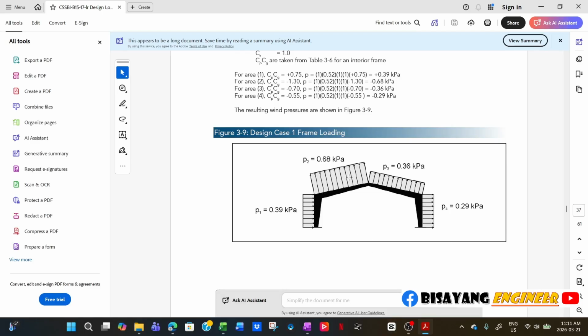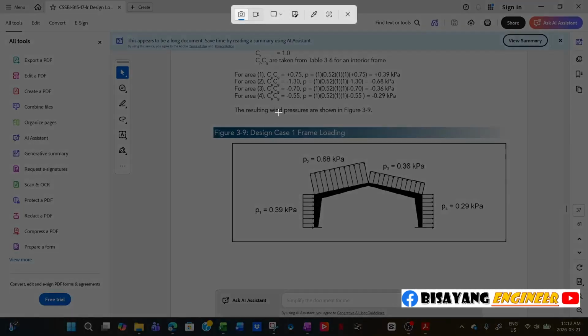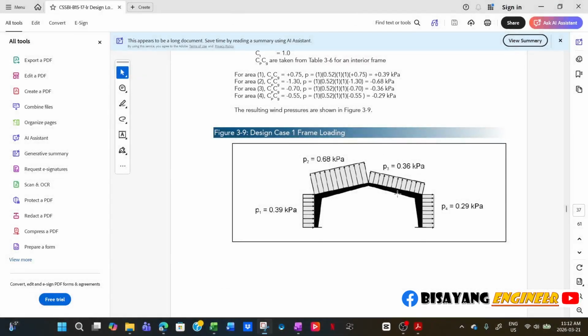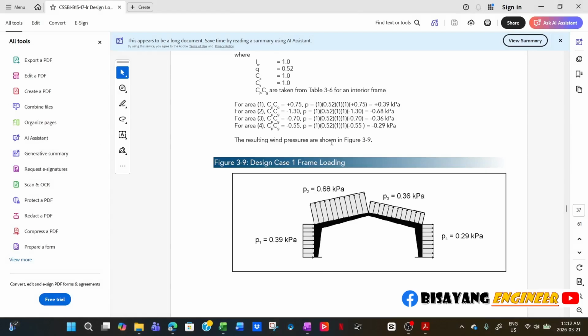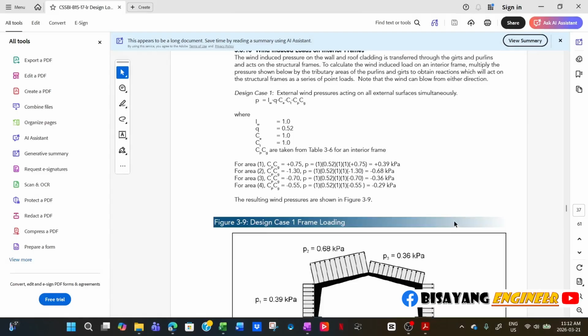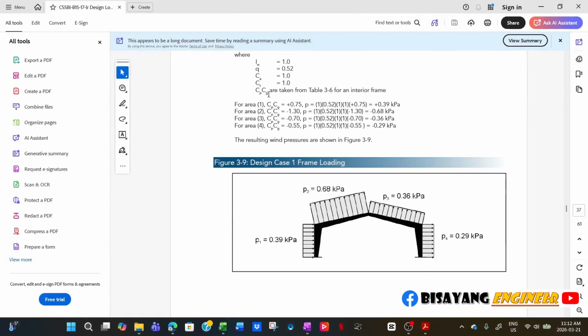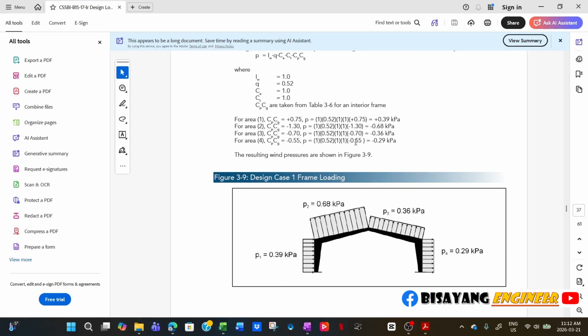Now, if you noticed in this area, for this particular example, let's just look at the individual pressure first. So for this particular building, CpCg interior frame. Area 1, area 2, area 3. 139.75.